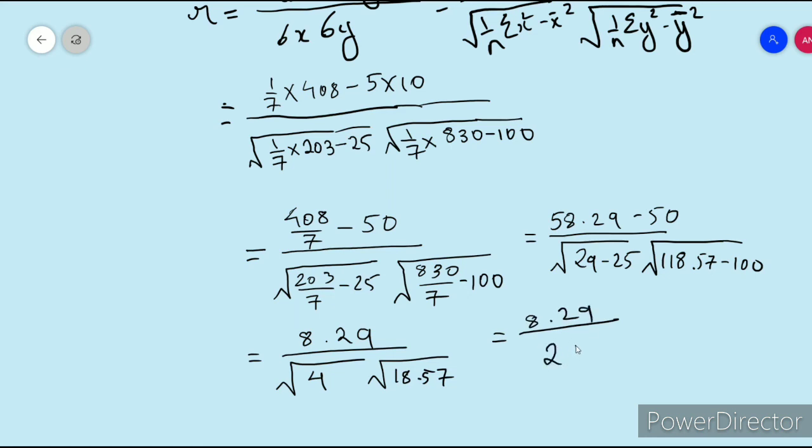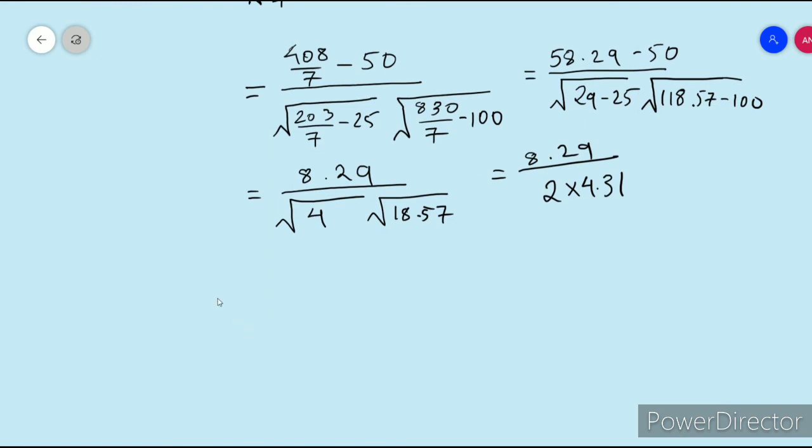Square root of 18.57 is 4.31, and this gives us the value of 8.62. So your R value will be equal to positive 0.96. So that is how we find Karl Pearson's correlation coefficient.